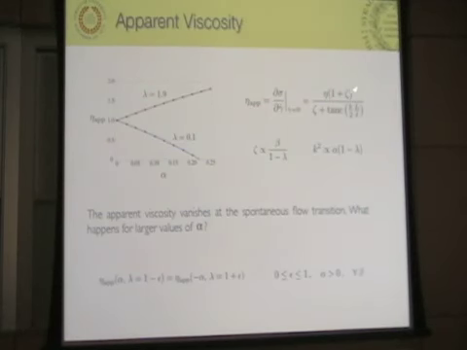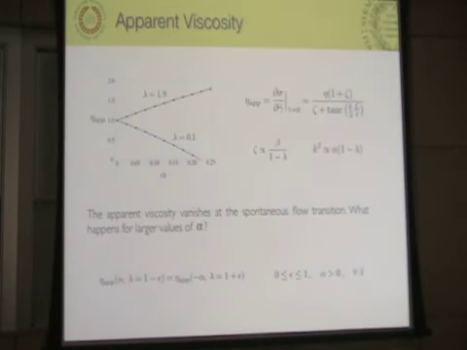Zeta is a number that depends on beta and it goes like minus 1 over lambda. K is the wave number that is proportional to alpha times 1 minus lambda. Tan K over K is the tangent function divided by its argument. So what happens here is that for a flow aligning system, this wave number becomes imaginary, the tangent is replaced by the hyperbolic tangent, and so the apparent viscosity is increasing relatively.